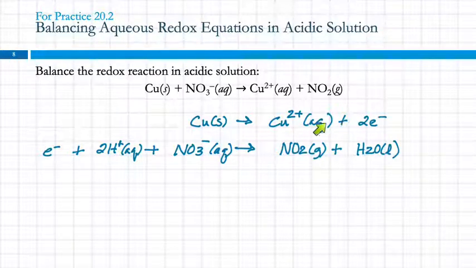So this oxidation is loss of electrons. This is losing 2 electrons, but this one's only gaining 1 electron. So this reaction must be happening twice as much. So I'm going to double everything, all the coefficients. So 2 electrons, and that makes 4 of those, and 2 of these, and 2 of these, and 2 of those.